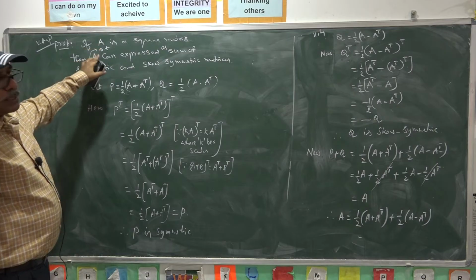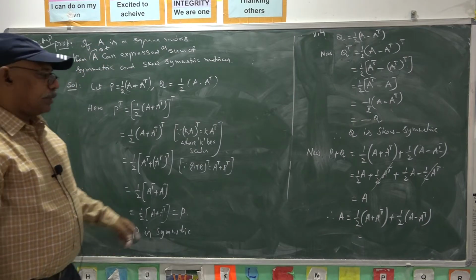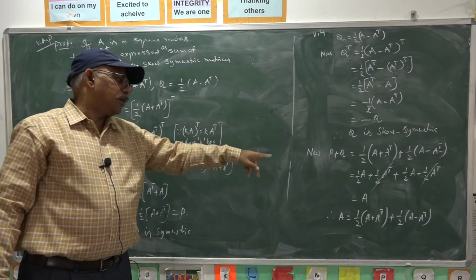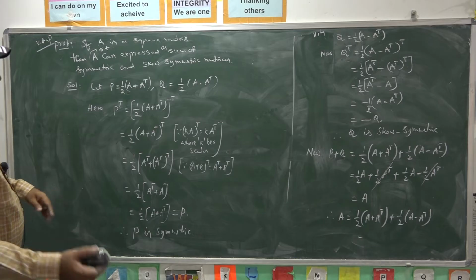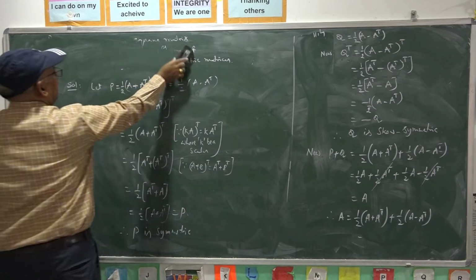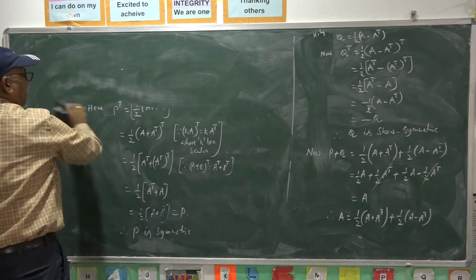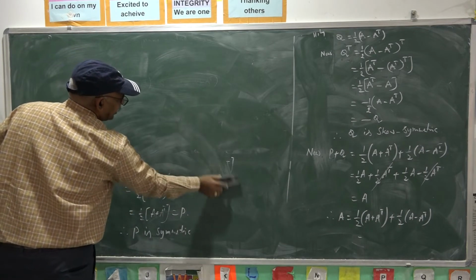So, if A is any square matrix, then you can express A as the sum of a symmetric and a skew symmetric matrix. Very important result. I will give one problem based on this result.